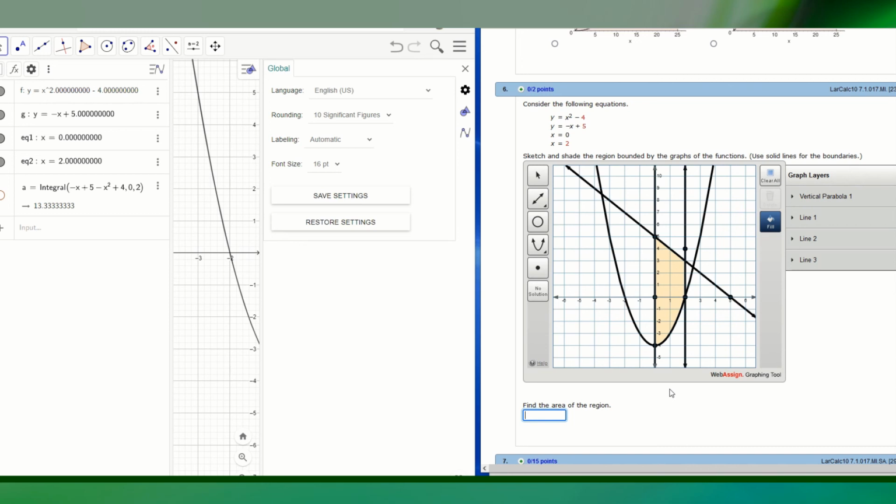So I get this as 13.33. When I use that as a fraction, I get 40 divided by 3. So my answer to this question is 40 divided by 3.